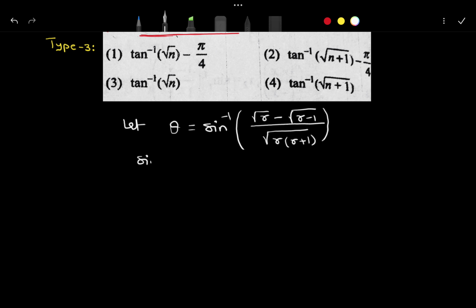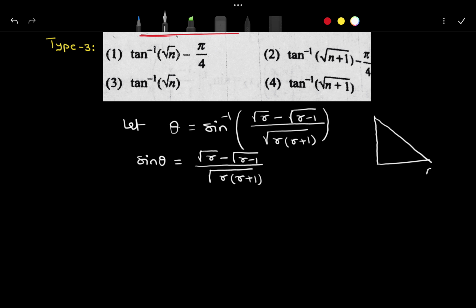What will be the sine theta value? That equals (square root of r minus square root of r minus 1) whole divided by square root of r into r plus 1. Right? Now you know that in trigonometry, the fundamental is a right angle triangle.